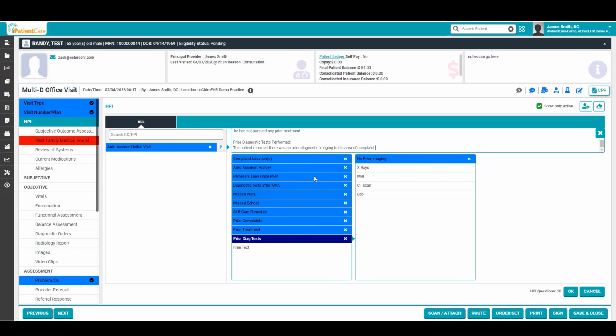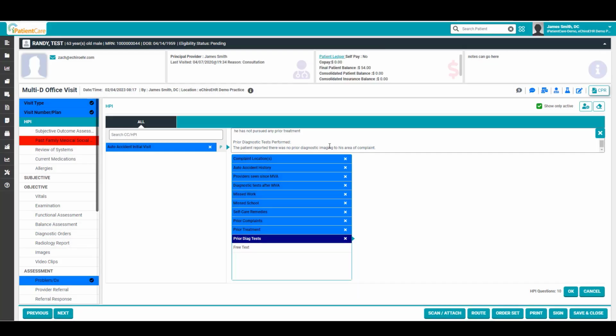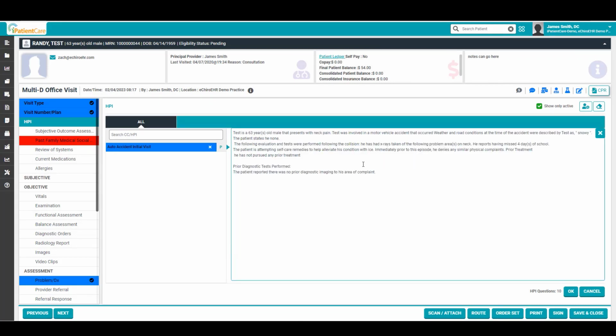Now, let's say, for instance, that we've gone through the macros and there's still more that we need to go ahead and document. Well, again, you can either utilize a free text box, as we've talked about before, which is right at the end of this, or what you can do is go ahead and click inside of this box. That opens up, and then it allows for you to go ahead and make changes to the record.